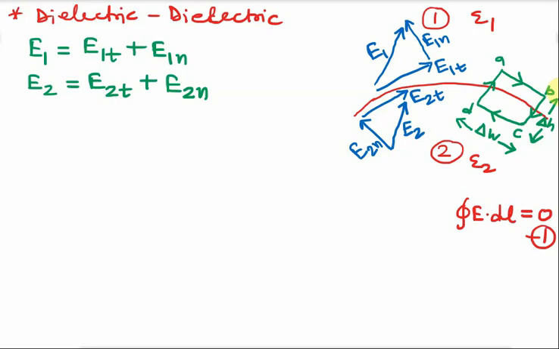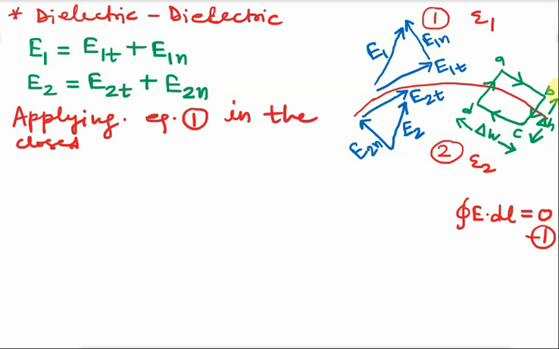Just now I had written. So applying this equation 1 in the closed path ABCDA, assuming that the path is very small with respect to this variation in E, if we apply this equation 1 in this closed path ABCDA, then what will we write?